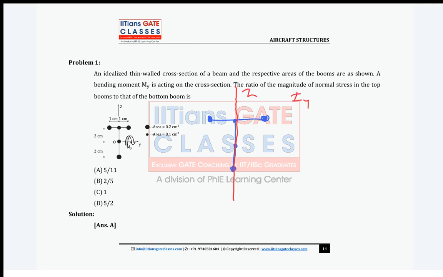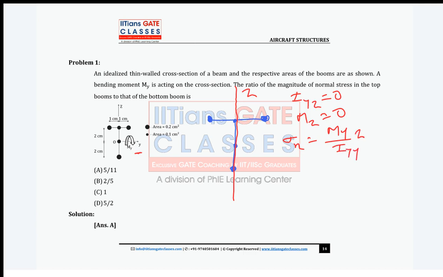It is 0. Now in the given problem, moment is given about only My. So what is your Mz? Mz is 0, right? So that means it's a simple bending about the Y axis. So your sigma x is My upon Iyy into z.